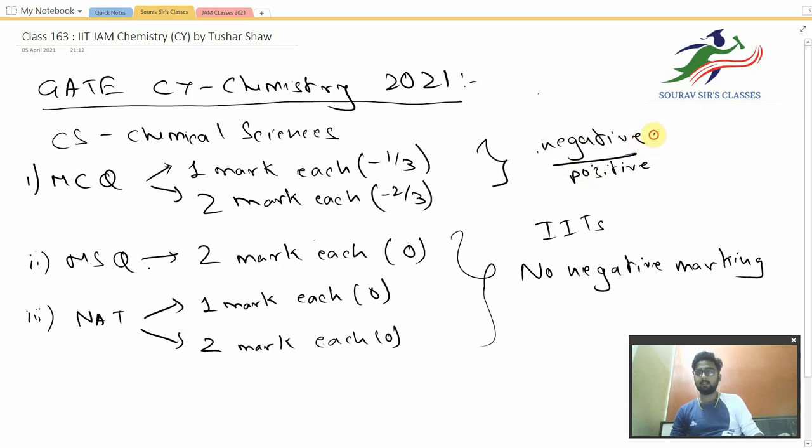You have the negative marking and the positive marking, and they are divided and put as a ratio. The person who has the lower negative by positive ratio will be given a better rank, that is, a lower position.